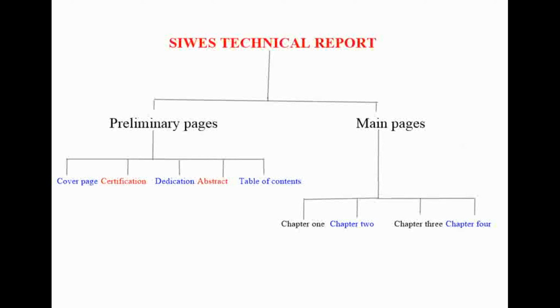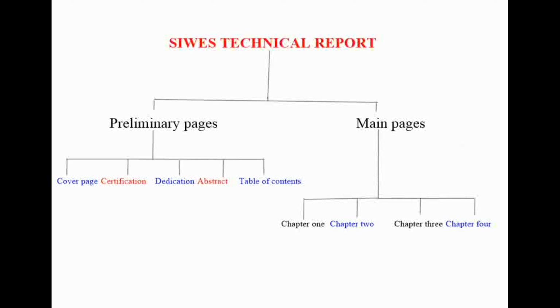Chapter 4 is all about the challenges you faced during the training, your recommendation, your conclusion, and the references. Don't forget that in some few cases, these main pages may be extended to chapter 5, but the ideal thing is chapter 1 to chapter 4. The preliminary pages are expected to be numbered in Roman numerals, whereas the main pages are numbered in Arabic numerals.